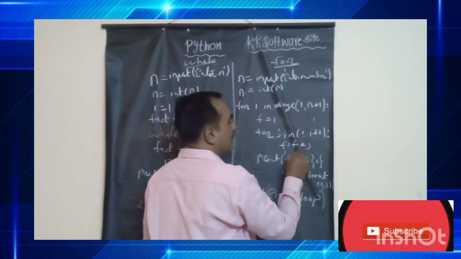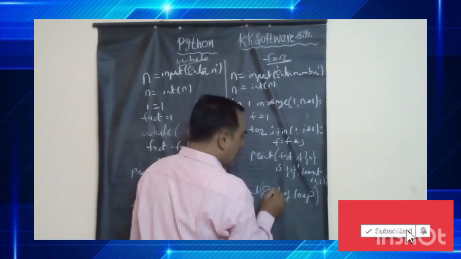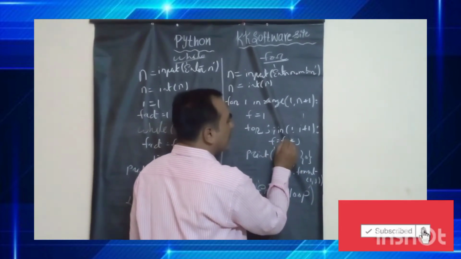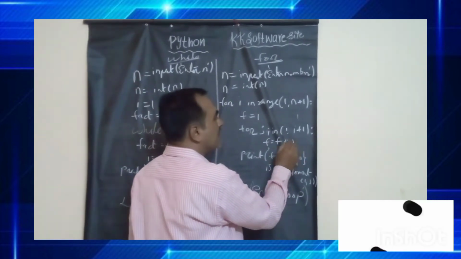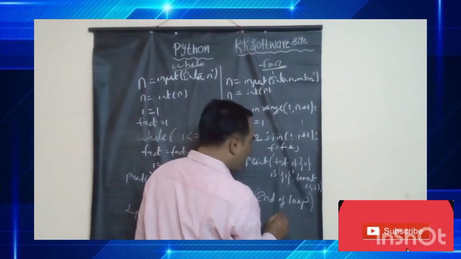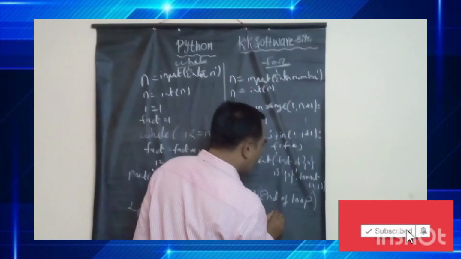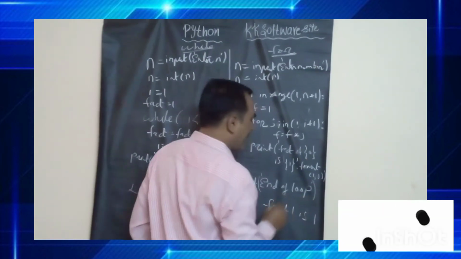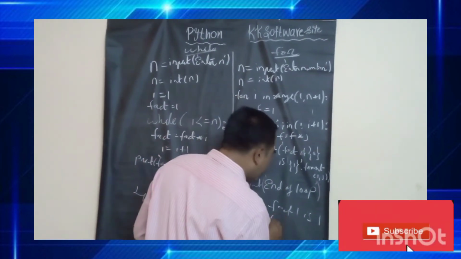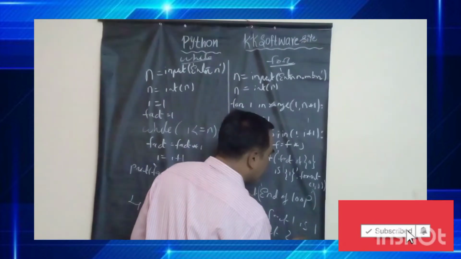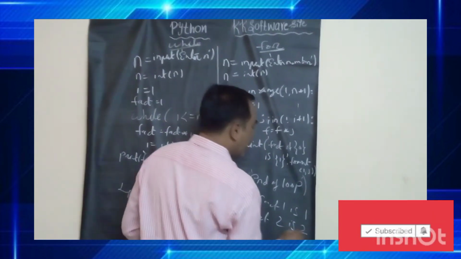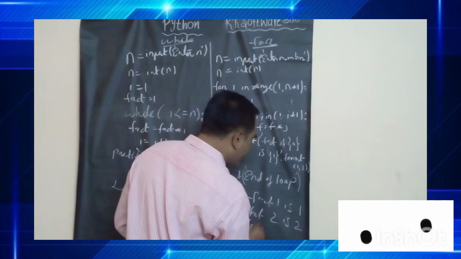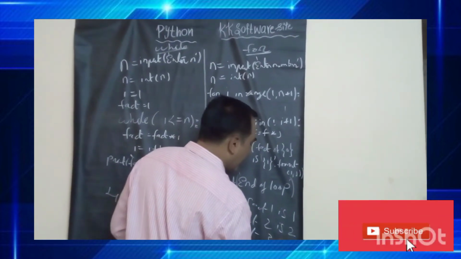Let us consider 1. 1 factorial is, it will print in the format f is equal to f into j. f into j means 1 comma 1. It will print factorial is equal to fact of 1 is 1. It will print. And after that fact of 2 is 2. It will print. And after that fact of 3 is 6.